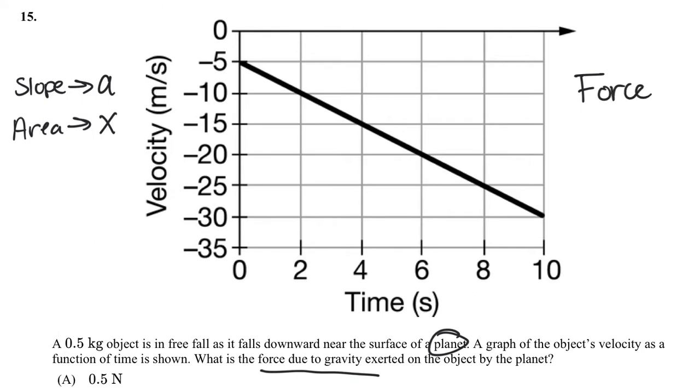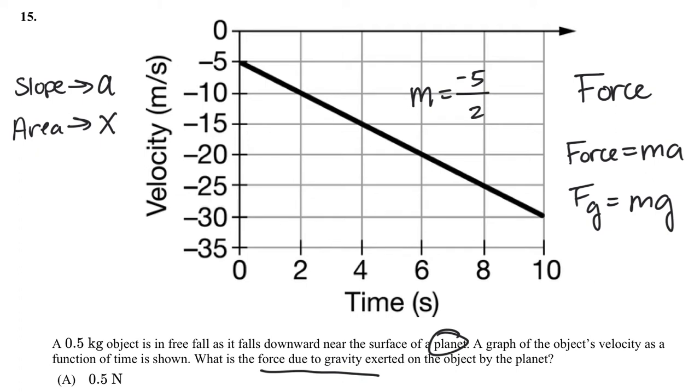Okay, so I know that force equals ma. I also know that force due to gravity is going to equal mg. So if I find acceleration from this graph, we're going to find the slope. So what does m equal? That's going to be rise over run. Wow, I'm really slow.